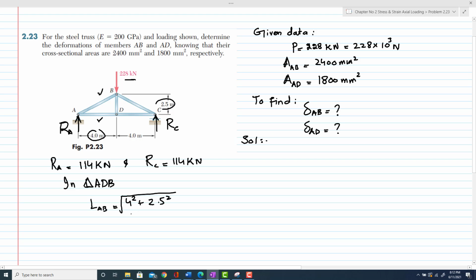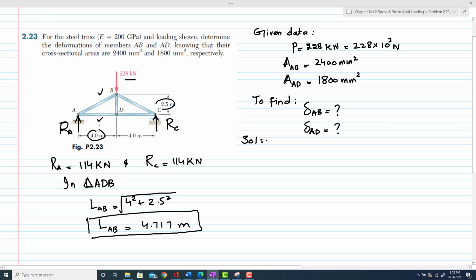So the length of this member AB will be equal to 4.717 meter. So we have calculated the length of member AB.